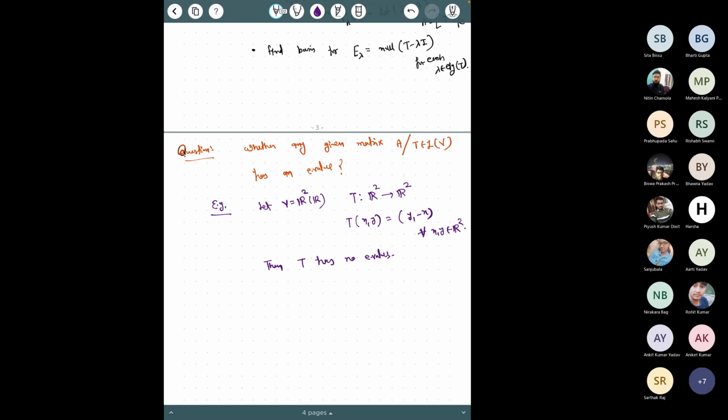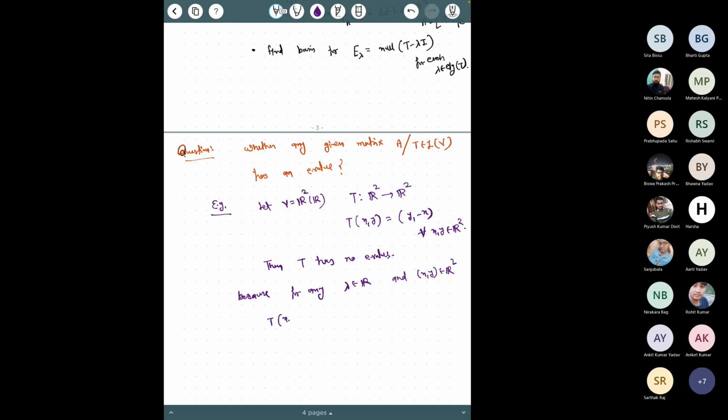So for any real lambda and vector (x, y) in R2, if you want it to be an eigenvector, it should satisfy T(x, y) = lambda (x, y).